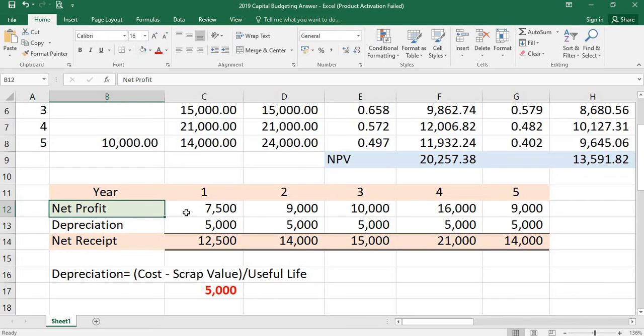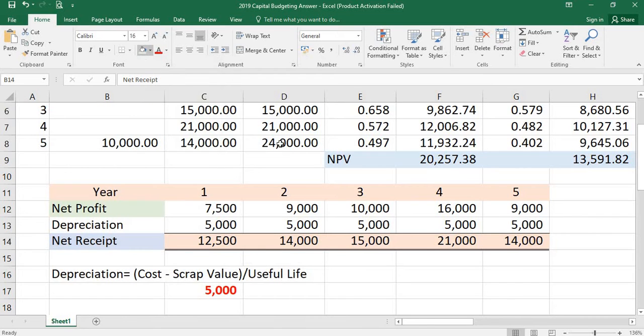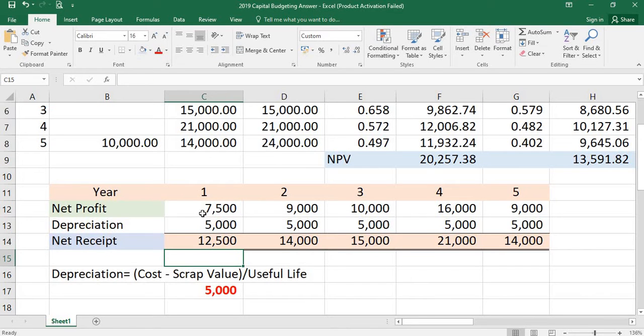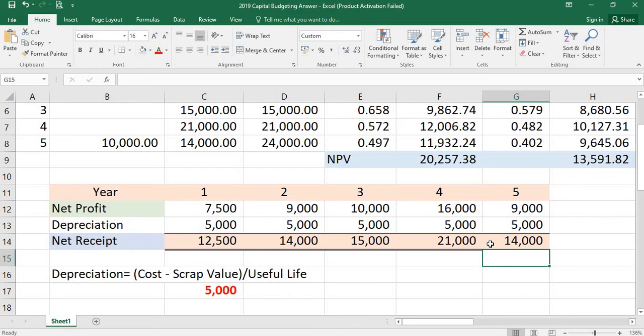Therefore, it should be added back to find out the net receipt. Let me take another color. So you add net profit plus depreciation for each year and get these values. This is the net receipt.